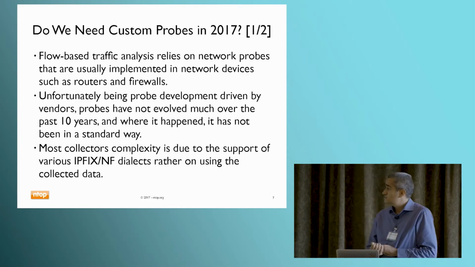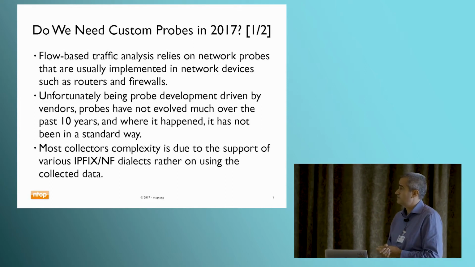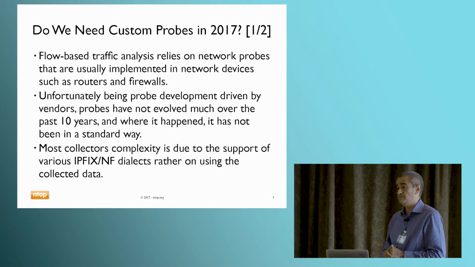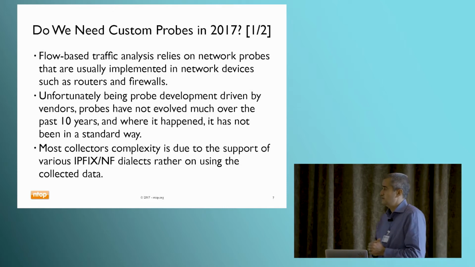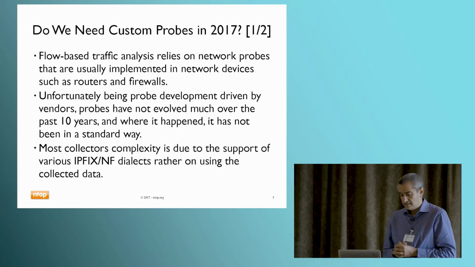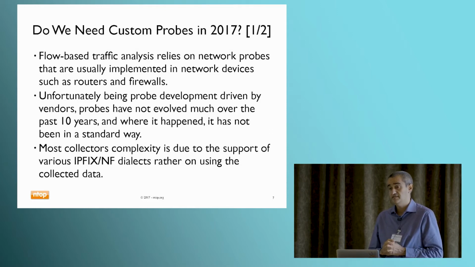So for a very long time, we have said to ourselves, okay, this is what we believe, but what do people want? Is this their need? Are they willing to put physical probes or sensors, if you want to call them sensors, in the network instead of relying on routers? And fortunately, even with Napatech, we have approached some customers. The answer is yes.